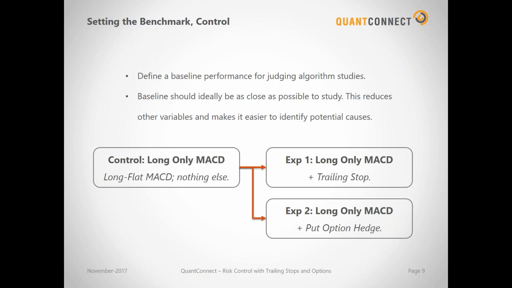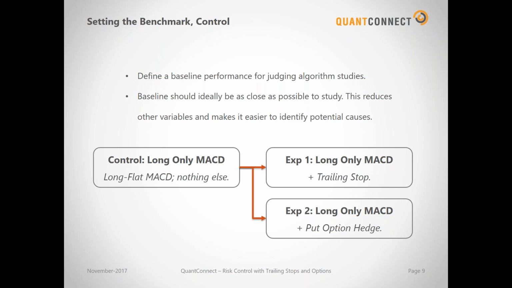You don't want to have one control and then have another test algorithm which has lots of different lines of code in it. So for the control, we've chosen that we're just going to make a long only MACD, and when we get a sell signal for the MACD, we're going to liquidate the portfolio, and it will just go flat, and it will just buy and go long.